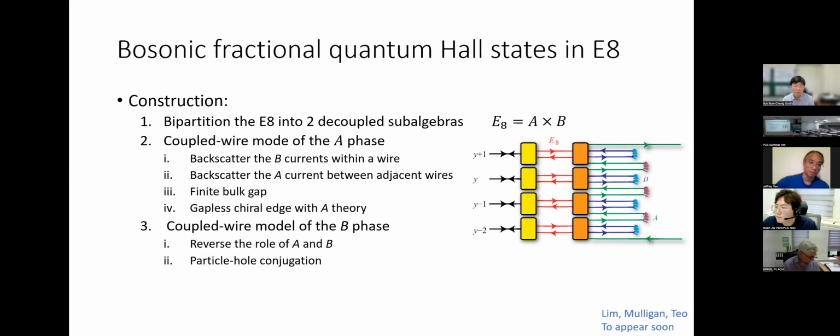So by construction, these are particle-hole conjugate states. It's just that it's an unconventional particle-hole symmetry, because usually particle-hole symmetry in the quantum Hall context starts off with the base point being your filled Landau level. So it's particle-hole conjugation based on the filled Landau level. Here we're not based on the filled Landau level, we're based on the E8 state.